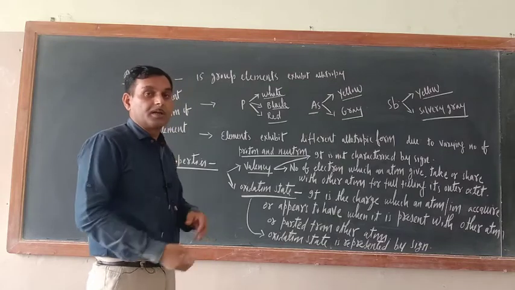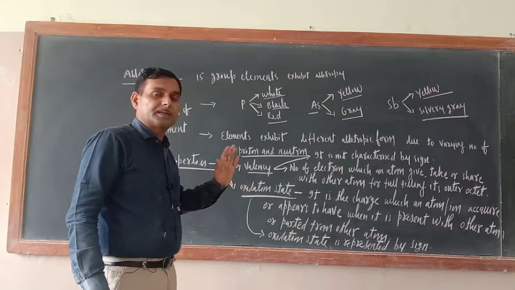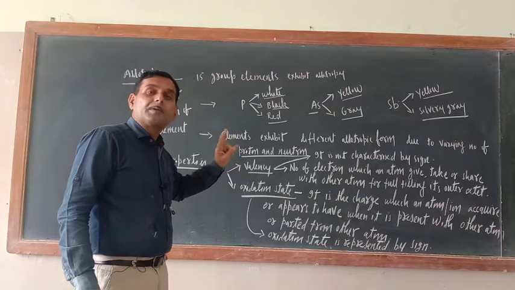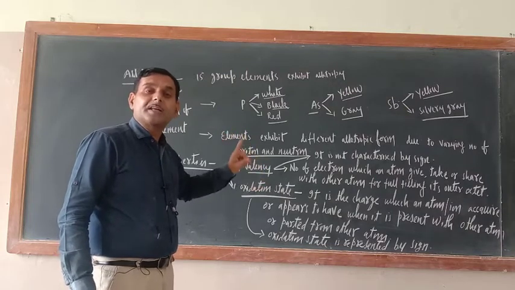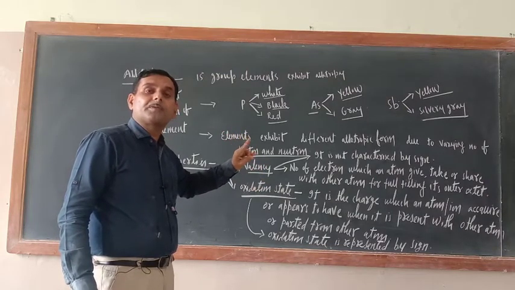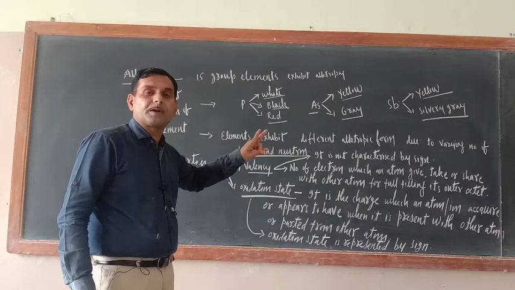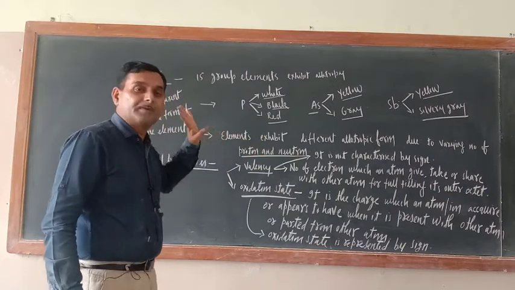But the number of electrons will be the same. That is why all allotropic forms will have the same chemical properties. Only the physical form will be different.